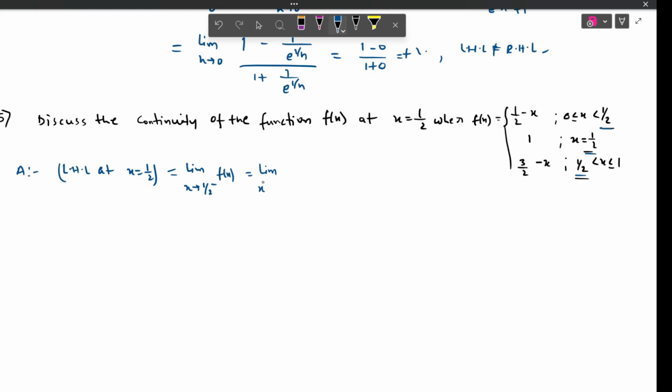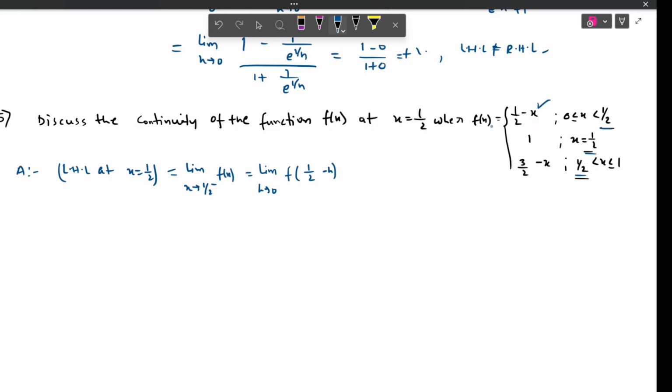Now if we convert this into h tends to 0, limit h tends to 0, it would be f of a minus h, so it would be f of half minus h. If it is half minus h, then we have to put... this is less than half, right?